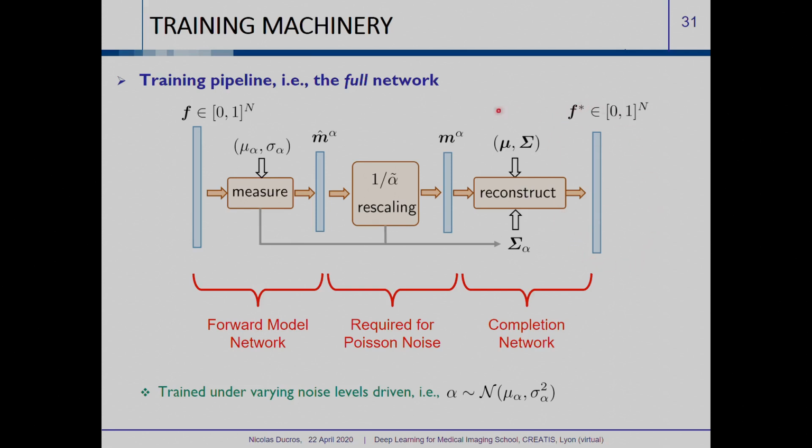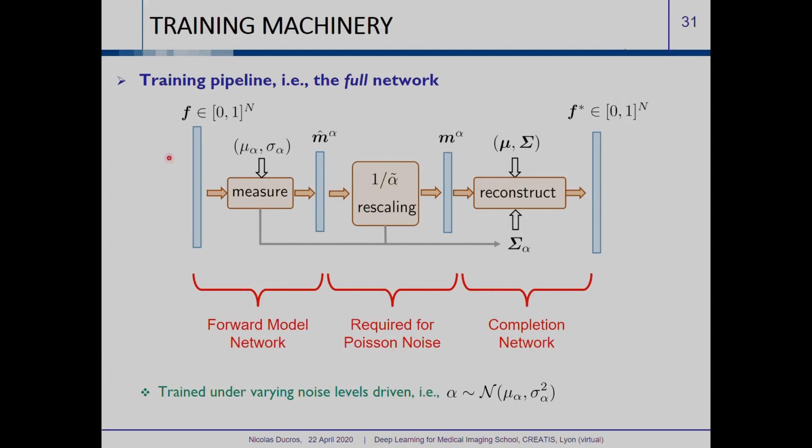But this is only the reconstruction stage. On the full network, we have two other stages. One here is the rescaling stage, which basically divides the measurement vector M by the image intensity, which is unknown but that we can estimate, and this estimation is denoted alpha tilde.